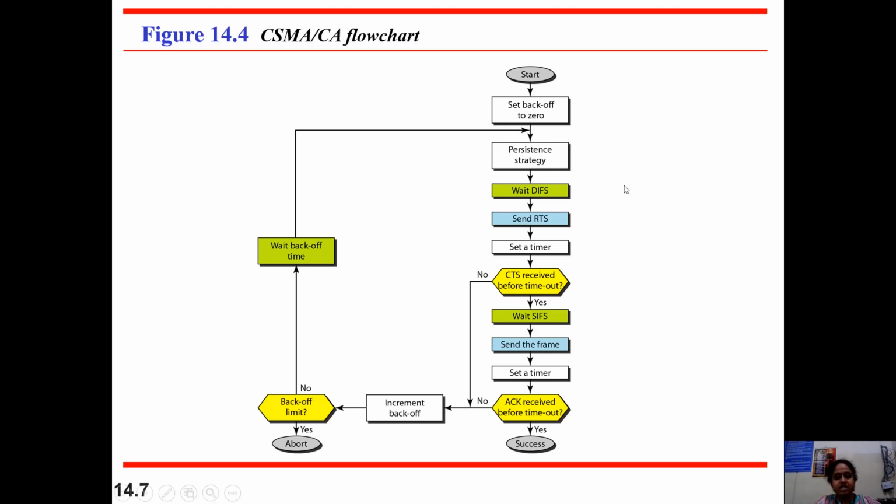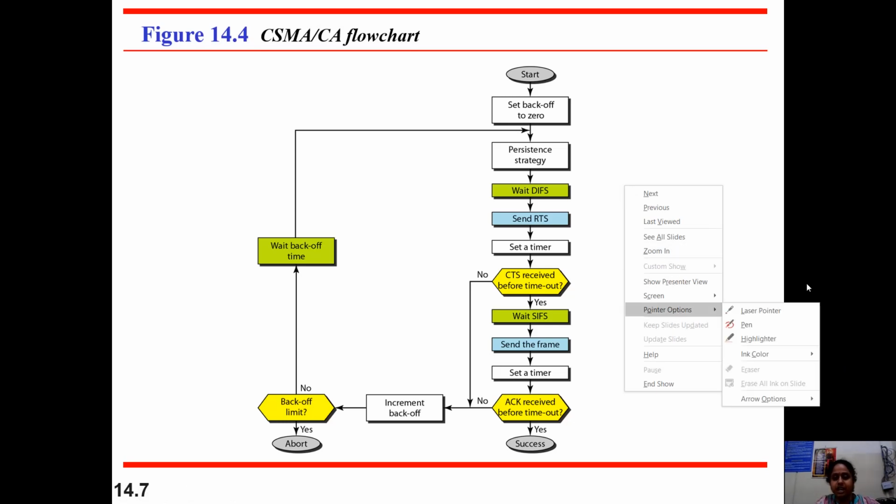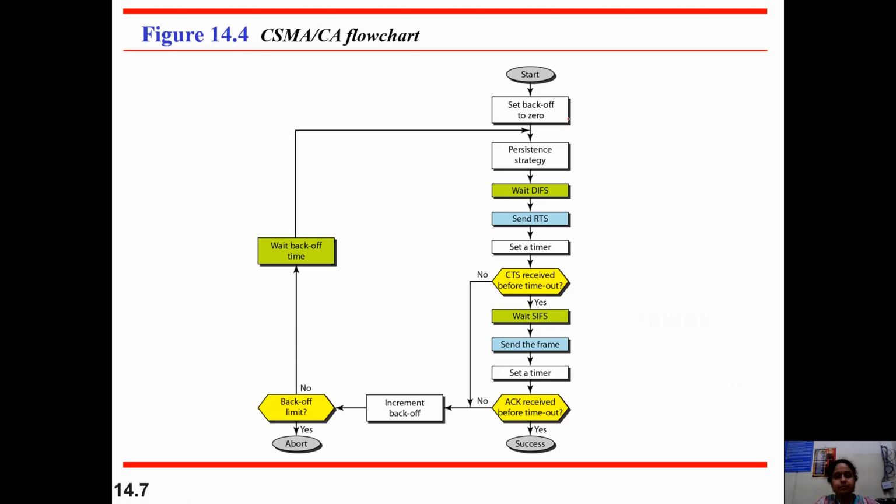Let us begin with the discussion on the CSMA-CA operation. Initially, backoff time is set to 0. We know all these terminologies, so I am not repeating those. Here also we are using a persistent strategy, as this protocol uses CSMA techniques. One of the persistent strategies out of one-persistent, non-persistent or P-persistent would be used in this case.